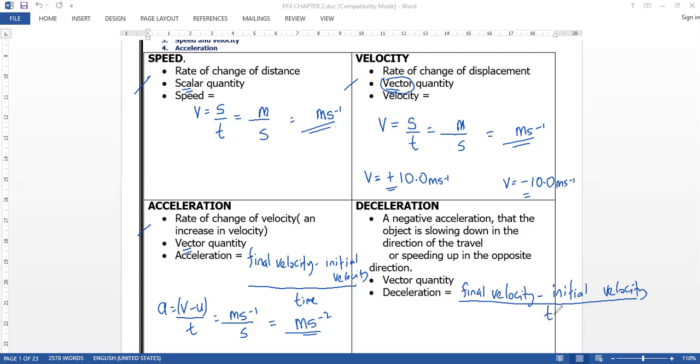So the formula remains the same, a equals (v minus u) per t. v refers to final velocity, u refers to initial velocity, over time. And the unit also remains the same, meter per second square. This is the SI unit for deceleration. Deceleration normally will have a decrease in velocity, so you might get a as a negative value.